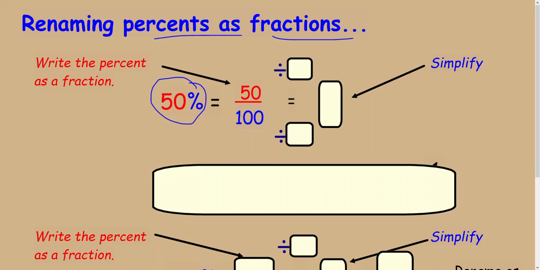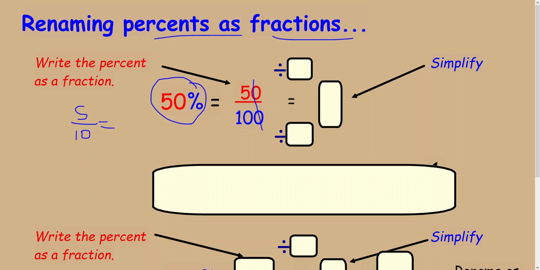Okay? So when we reduce it, there's two ways you can do it. You can either cancel out. So when you have a 0 in the numerator and a 0 in the denominator, you can easily cancel these zeros out, and you have 5/10, and then you have to actually reduce 5/10, which is a heck of a lot easier than reducing 50 100ths.